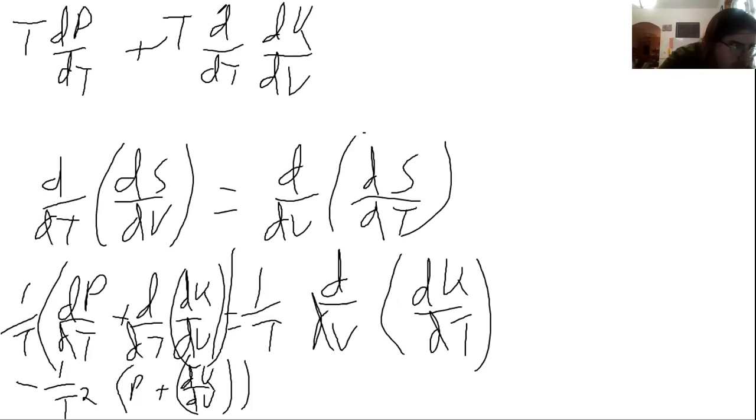We have negative p, and we have negative du over dv on one side.